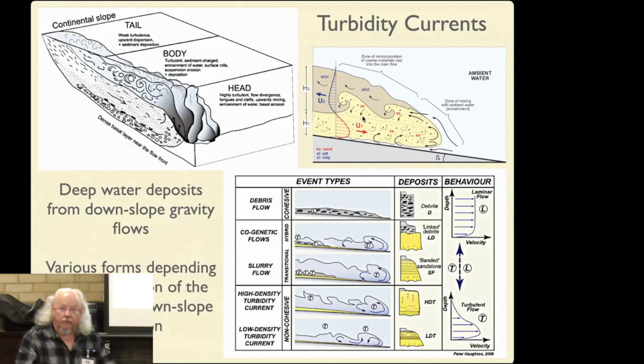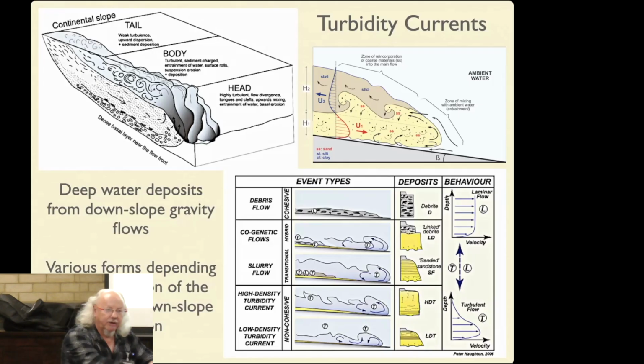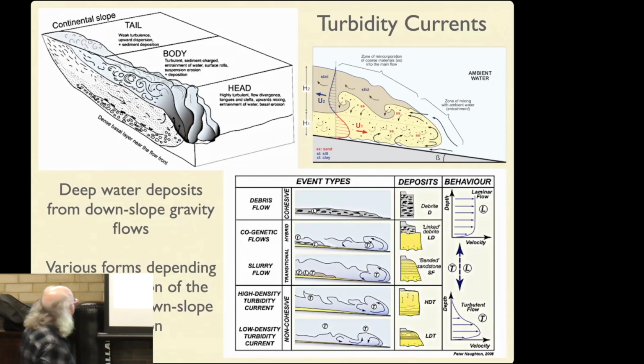So as the flow moves, it picks up more and more fine-grained sediment, and its density goes up, and so it will just keep on going. And they can go for a very long distance. But as it goes through, you basically get the coarse material at the base, and by the time you get to the tail, you're just getting the finer grain material at the end.